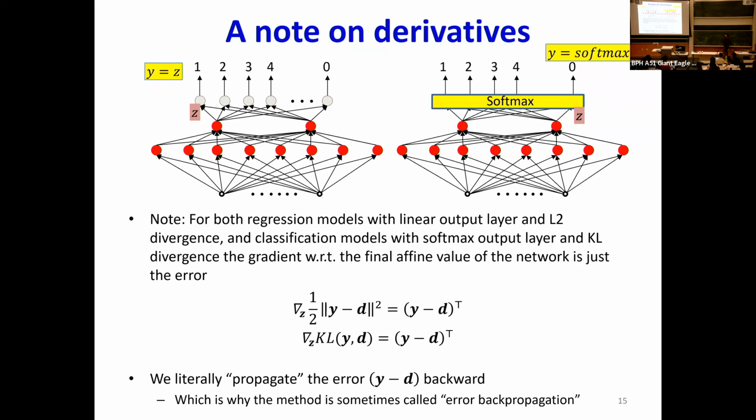Now, typically, you'd be using a neural network for one of two tasks. You might be performing a regression, or you might be performing classification. If you're performing regression, then you have all of the inputs coming in, the x's and the w's.